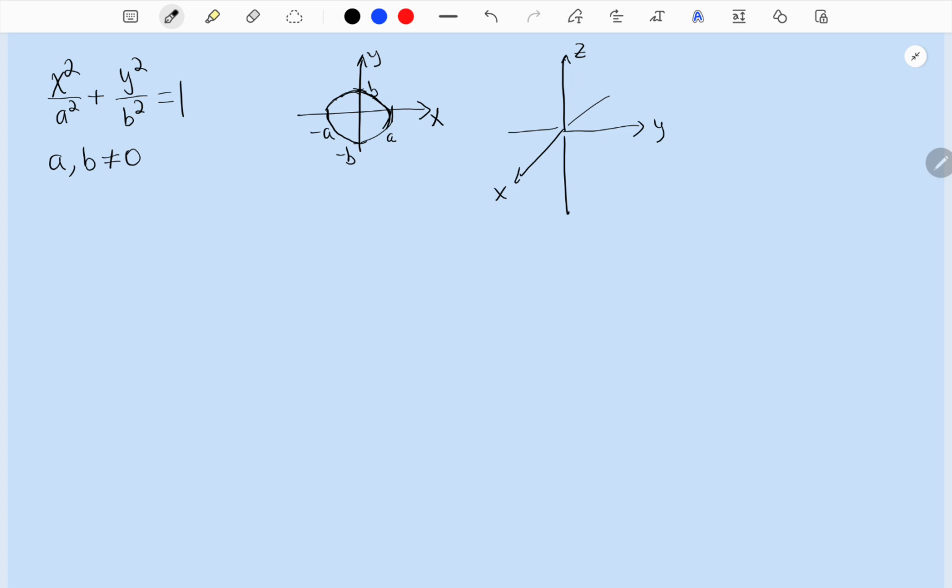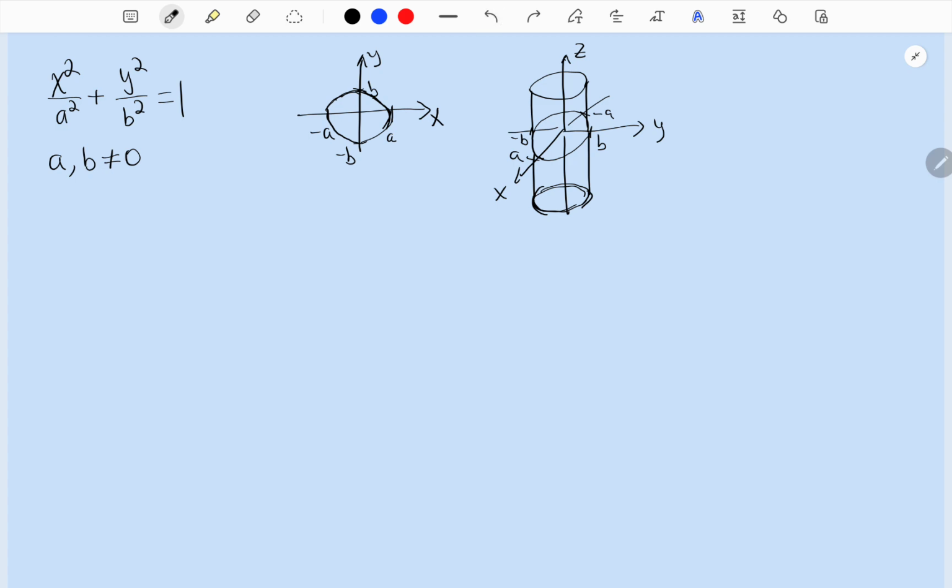You still have that oval, but it's an elliptic cylinder, so it just keeps on going up and down, where each horizontal cross section is this oval. So this will be minus a, b, minus b. And this just keeps on going up, and this keeps on going down.